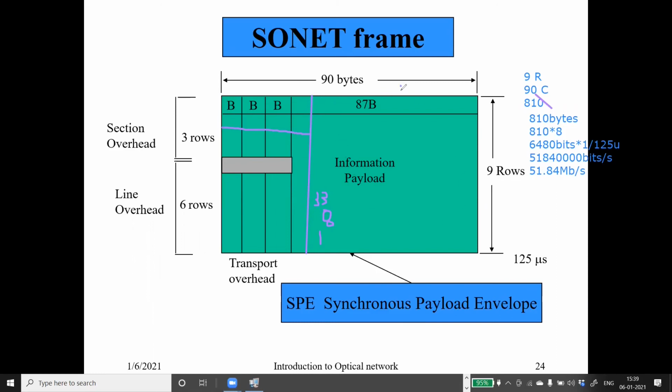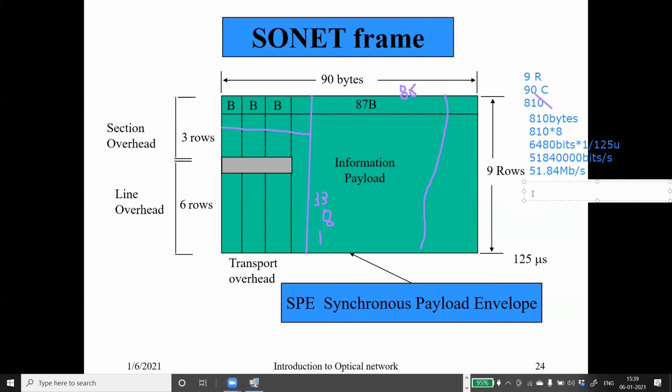It will be 86 by 9. Correct? 86 columns of user payload, 9 rows. Yes or no? Yes, ma'am. So let's calculate again with 86 by 9. Now we know the frame size. Now let us calculate the maximum data that can be supported.